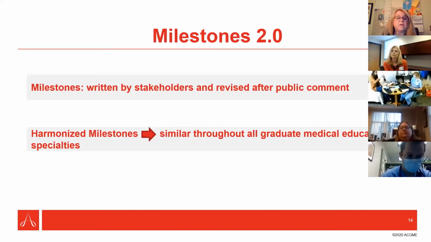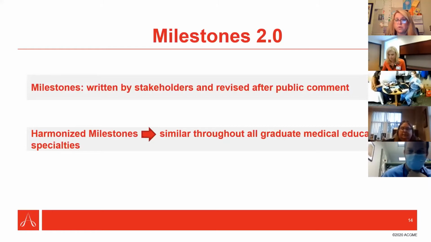So anyway, there have been milestones, but they just went through a revision and they became active as of July 1st, 2020. So if anyone saw the milestones from before, they will look similar to milestones 2.0, but there are some differences. And so if you notice a few variations, that's why.